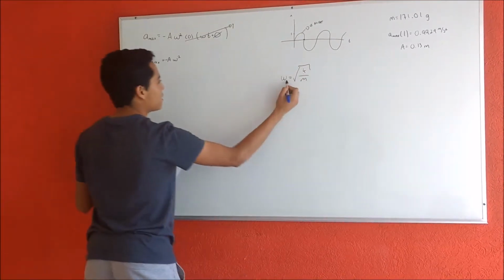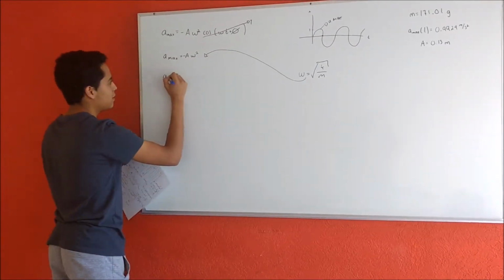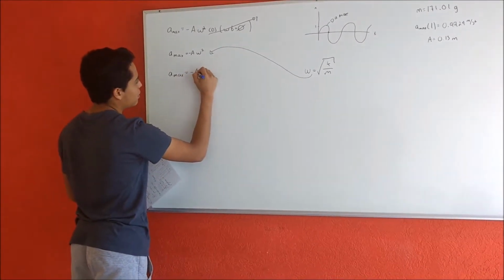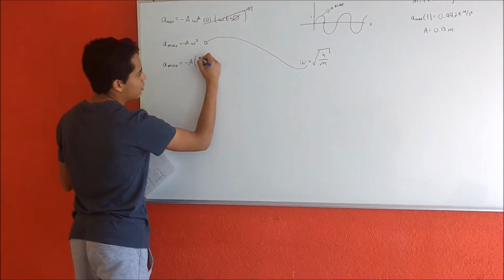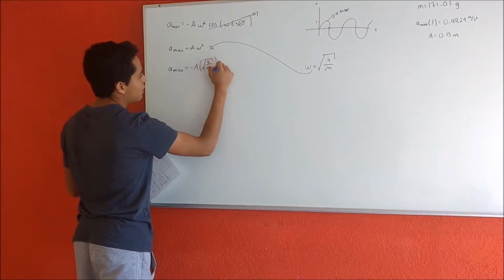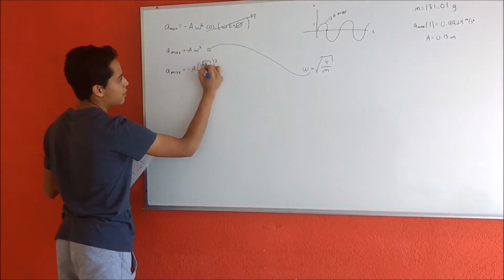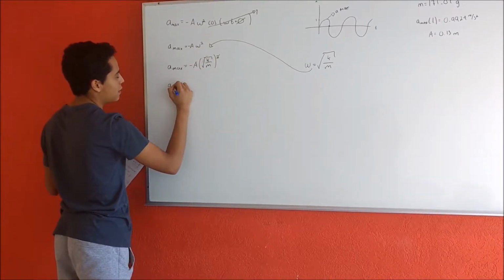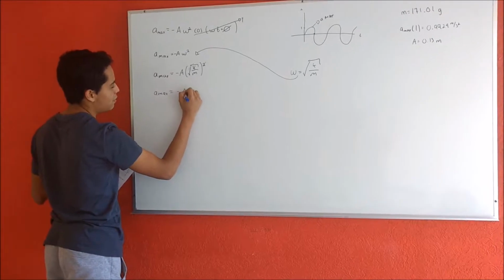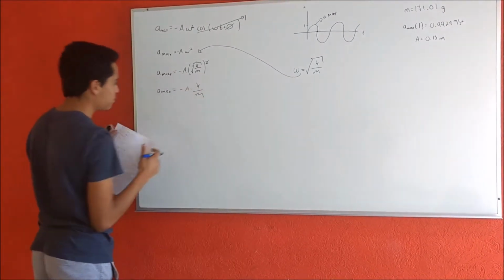So if we substitute this on the formula of the acceleration, it will be equal to minus a times the square root of k over m, squared, and this is going to cancel out, and it is going to be equal to minus a times k over the mass.